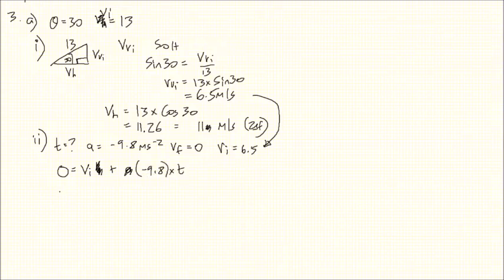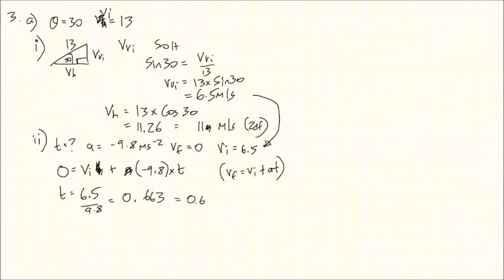We choose the Vf equals Vi plus At formula, substitute in, rearrange and solve. We get t equals 6.5 divided by 9.8, which is 0.663 or 0.66 seconds to two significant figures.